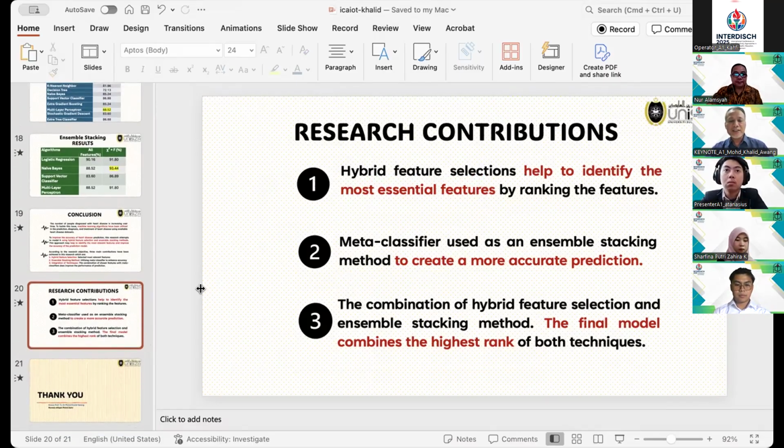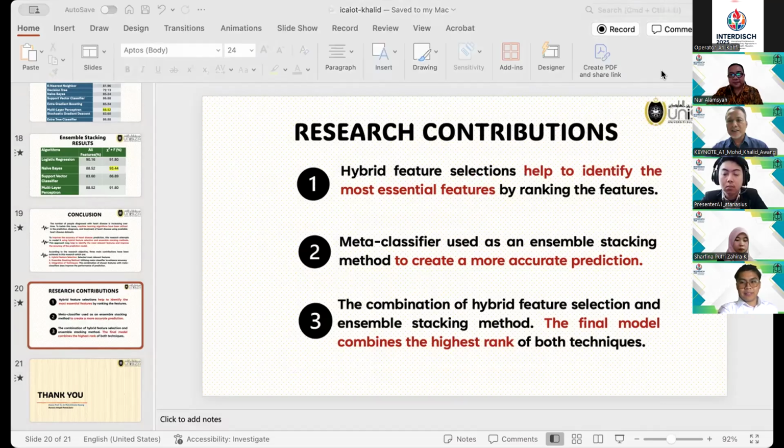Okay, I think that's all that wraps up our research for this project, and I hope it can give some ideas for all participants today, by taking into consideration that for a single classifier you cannot claim one classifier is better than others.